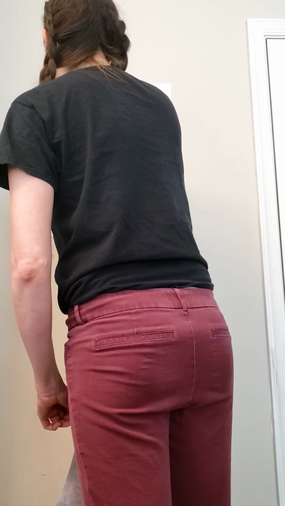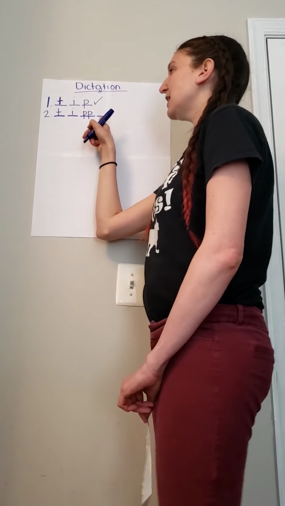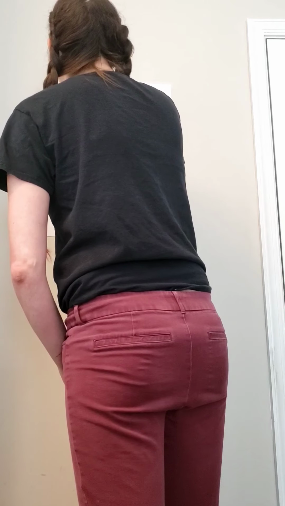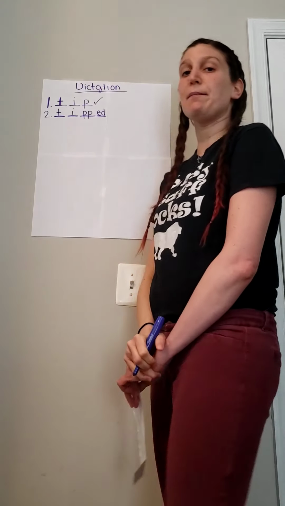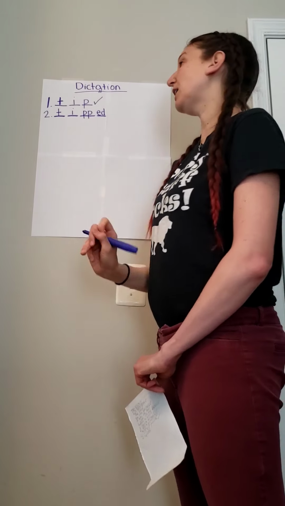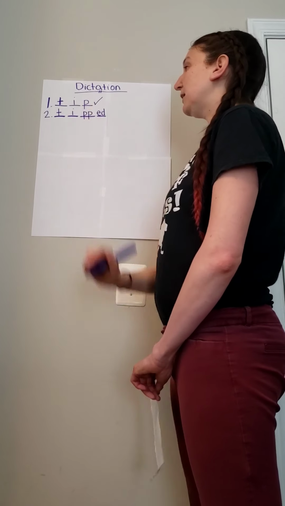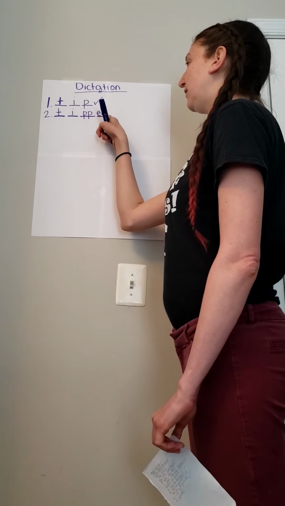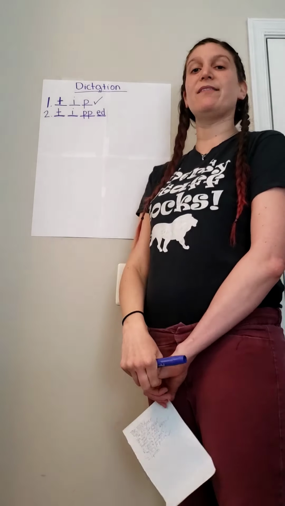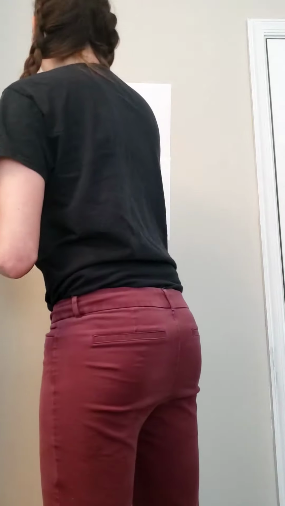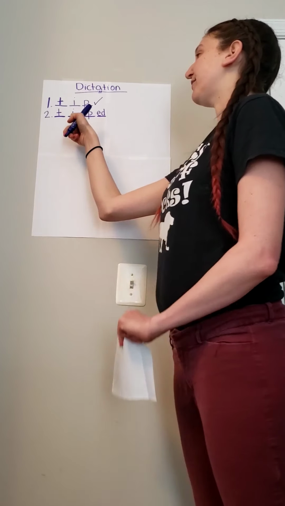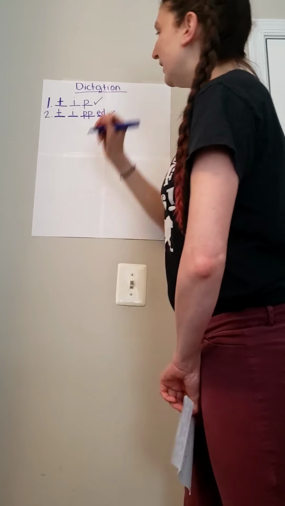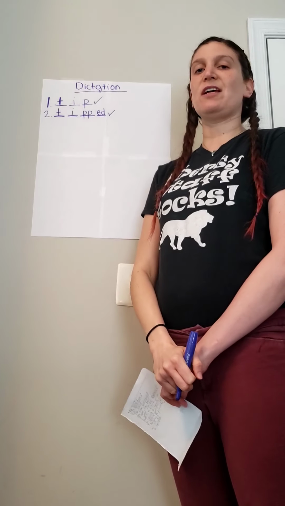P, P. My ending T is really those two letters, E, D. And if you look at my word, I use just one line for P, P because they only make one sound, and one line for ED because it only makes one sound. Check. Make sure you have the same thing as me. If you do, give yourself a check. If not, use this time to change it.